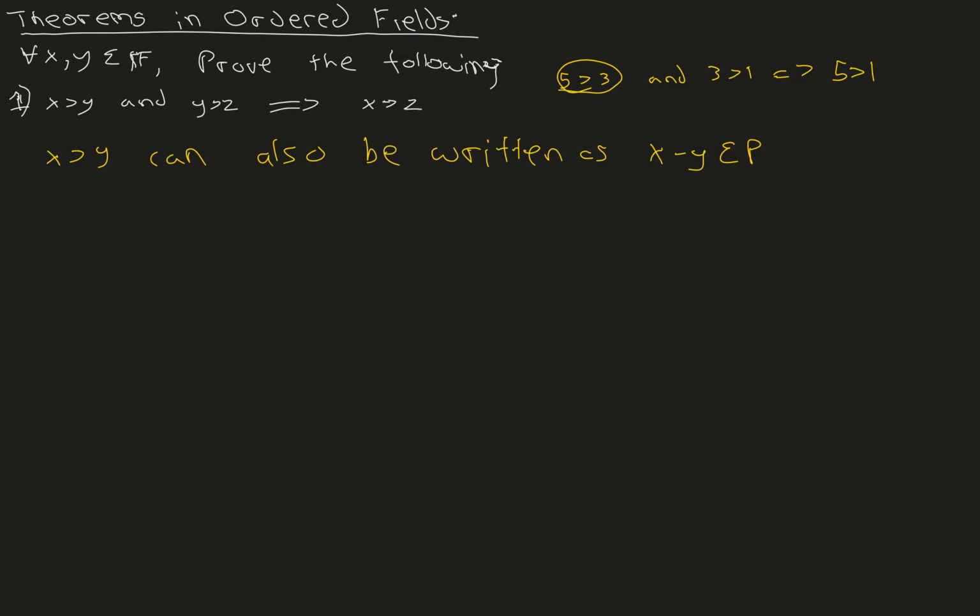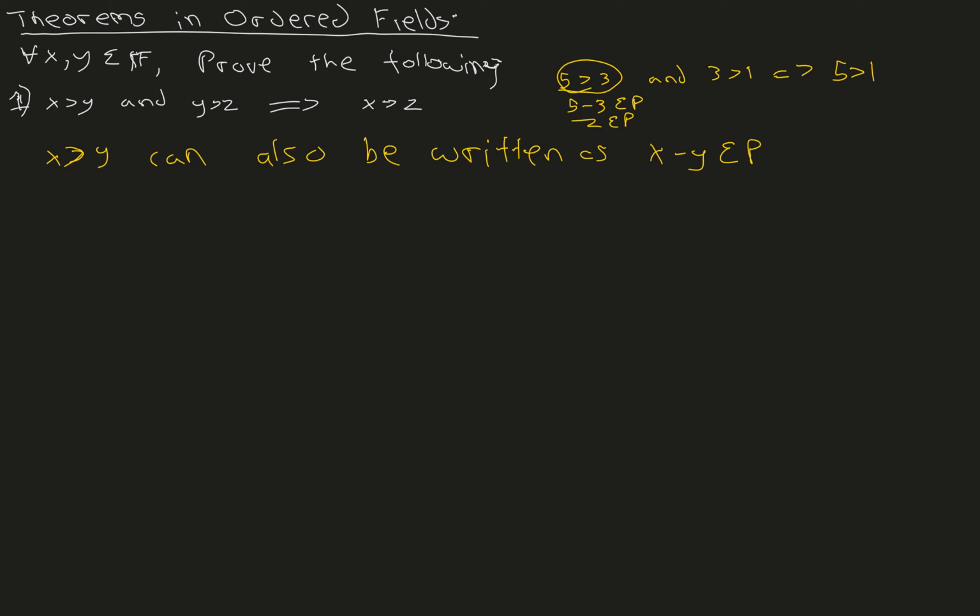So remember from the previous video we said an element is in P if it is positive. So if 5 is greater than 3, then 5 minus 3 is also in P, because 5 minus 3 is 2, which is a positive number. So 2 is in P.